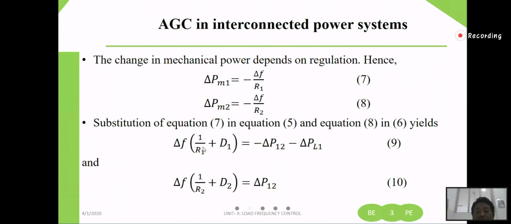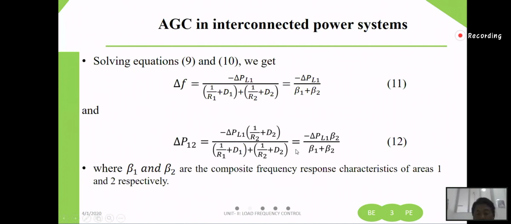After that, solving equations 9 and 10 directly, you can solve that del P12 is equal to del F into 1 by R2 plus D2. You can substitute here, take that to the right hand side, and you will get this basic equation: del F equal to minus del PL1 divided by 1 by R1 plus D1 plus 1 by R2 plus D2, which will be equal to minus del PL1 by beta 1 plus beta 2.